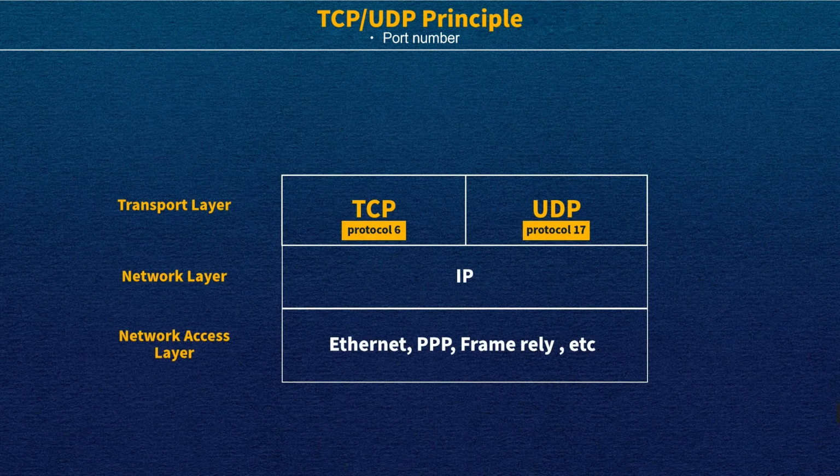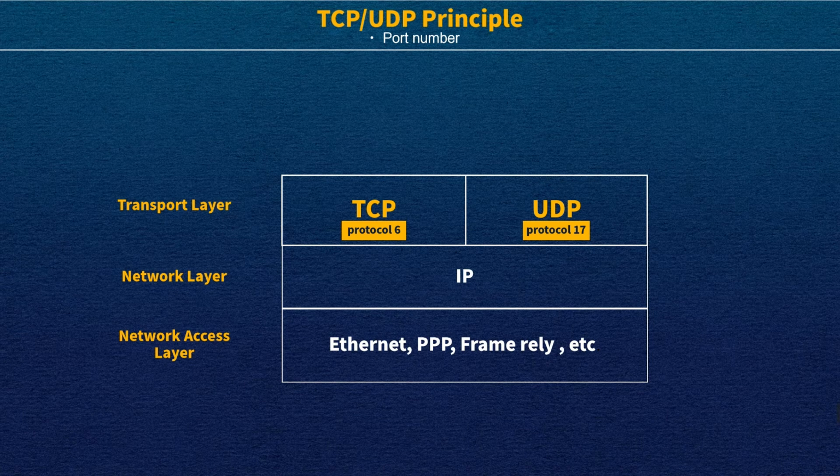Let's have a review of the network layer. The typical protocol we will use is IP. The next layer is the network access layer. We use protocols such as Ethernet, PPP, frame relay, and so on. And the upper layer is the transport layer with TCP and UDP.